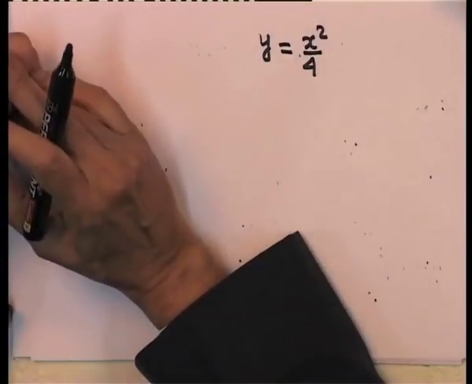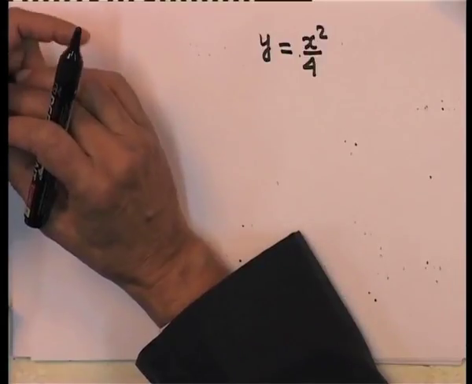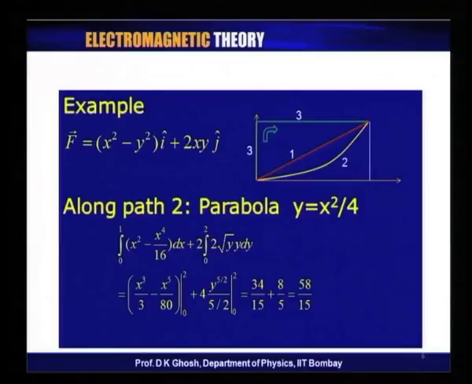You can see that it is of course an equation to a parabola, and when x is equal to 0, y equal to 0, and when x is equal to 2, y is equal to 1 because it is 2 square by 4. Now, how does one do this? For the same force field or same F, the vector field.